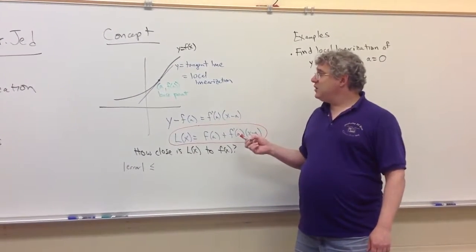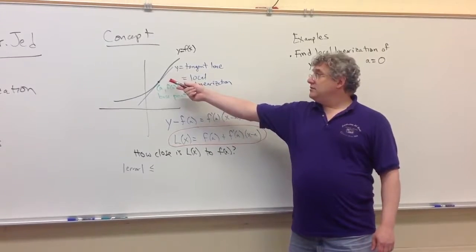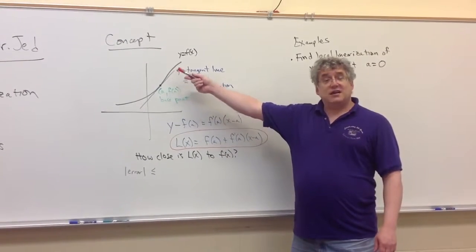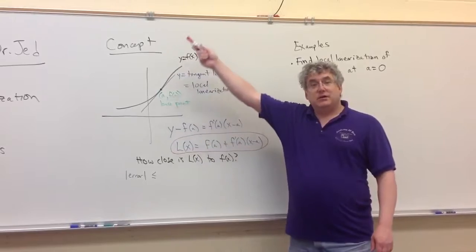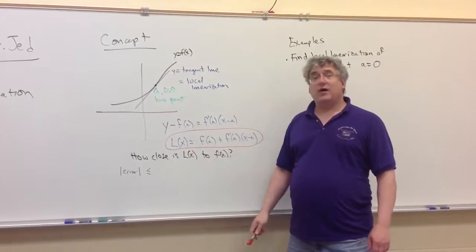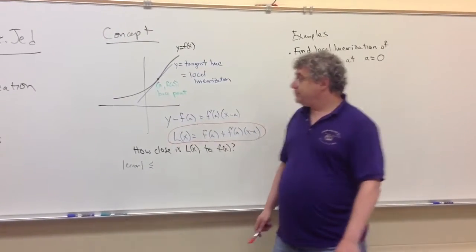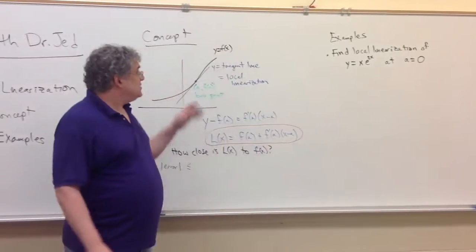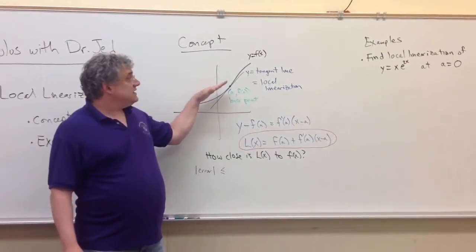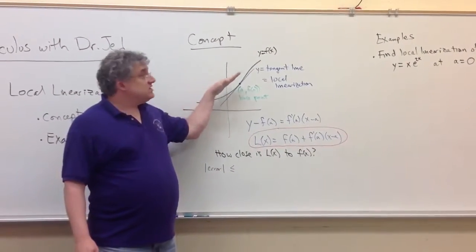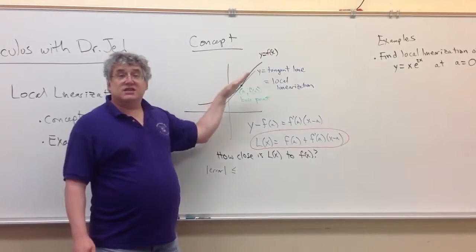Now, an interesting question. The tangent line, or local linearization, is not going to be exactly the same as the original function. How far off is it going to be? Well, that has to do with the slopes. In this particular example here, the slope of the function is not constant. It changes.